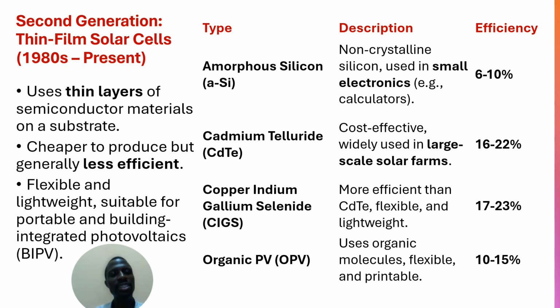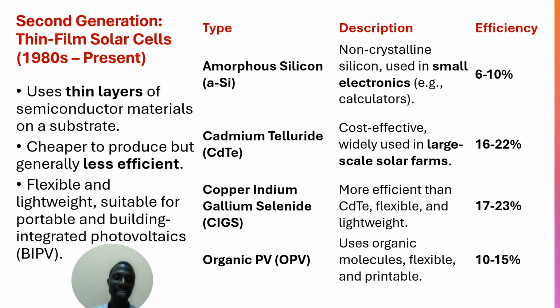Second generation actually started in the 1980s and is still applicable till present. They are mainly regarded as thin film solar cells. They use thin layers of semiconductor material known as substrate. They are cheaper to produce, however, less efficient.